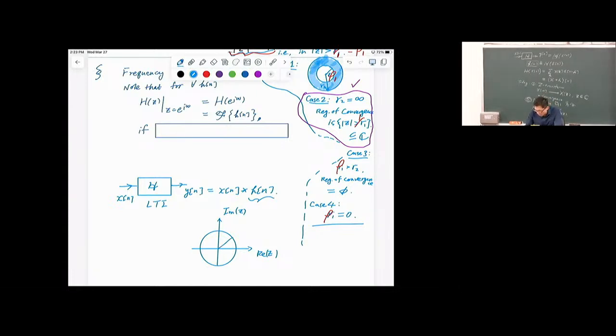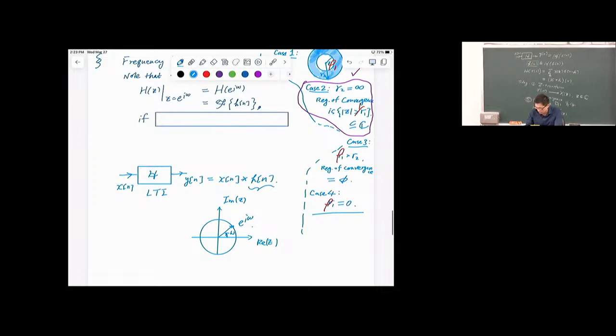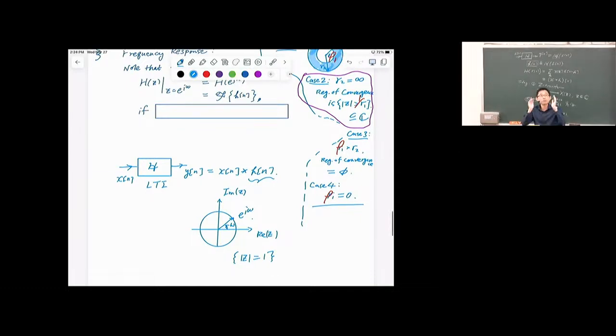With radius 1, if the angle is omega, then this point is e to the j omega. This is a circle of radius 1. And this circle is called the unit circle: the point set where the absolute value of Z equals 1. This circle is called the unit circle.